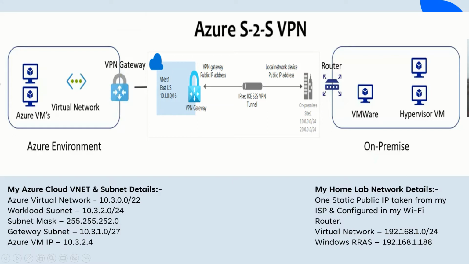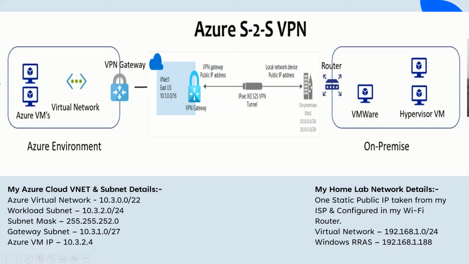I'll be using the gateway subnet as 10.3.1.0/27, and I'll be demonstrating a VM which will have an IP address like 10.3.2.4.